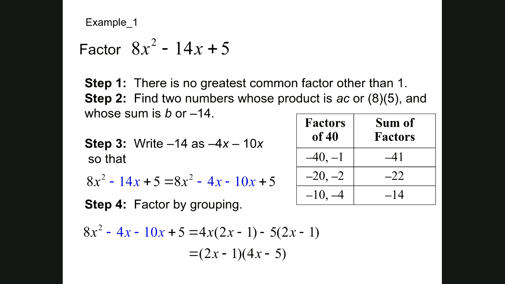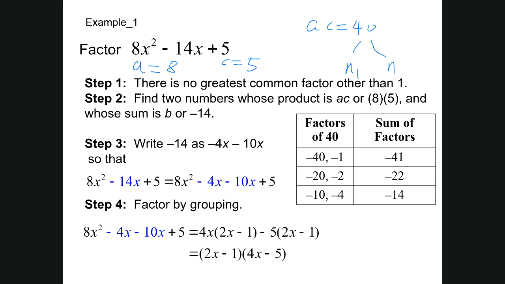So for example, 8x squared minus 14x plus 5. A here is 8. C here is 5. So A times C equals 40. I'm going to break down 40 into two numbers, number 1 and number 2.